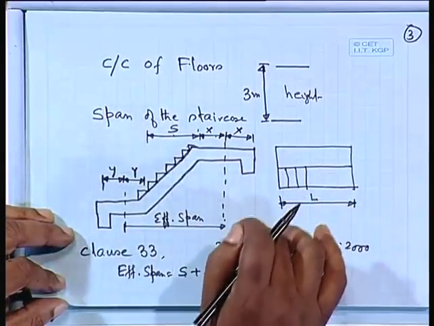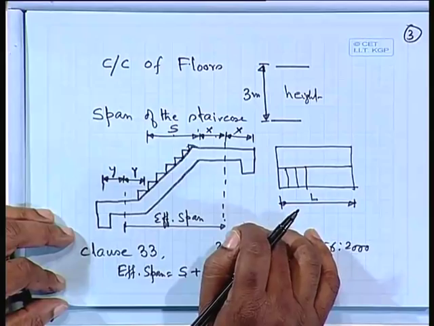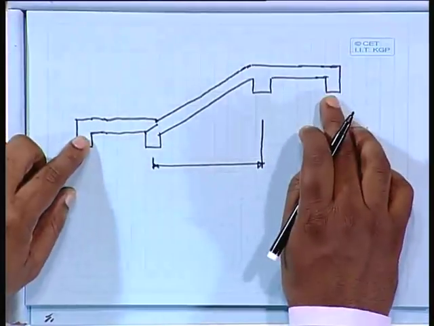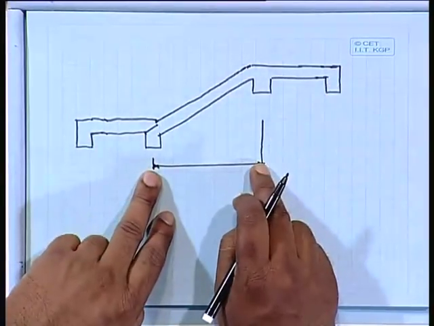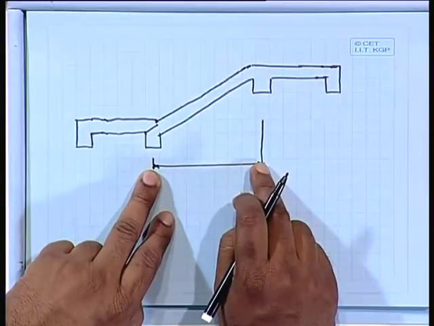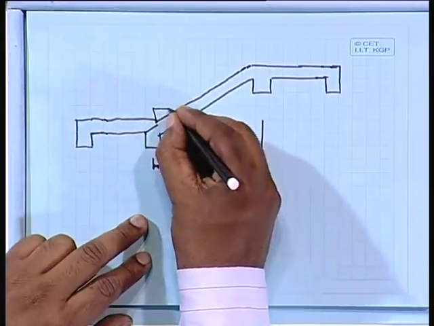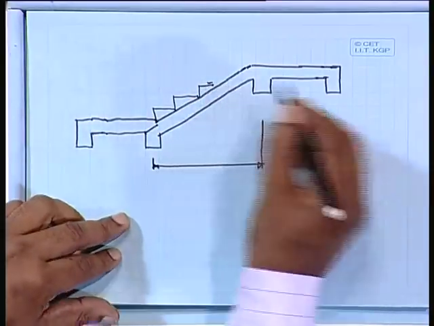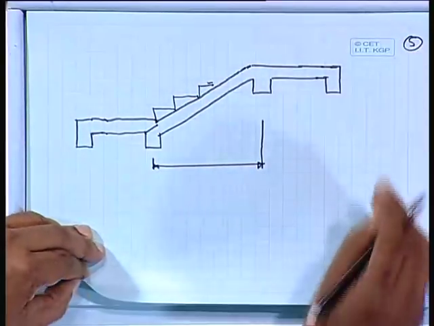It may be supported at walls also, that is another case, but in the other possible case which I am talking about, the effective span will be this one, the center to center distance, where you are having the staircase like this. Okay. So, let us calculate dead loads.